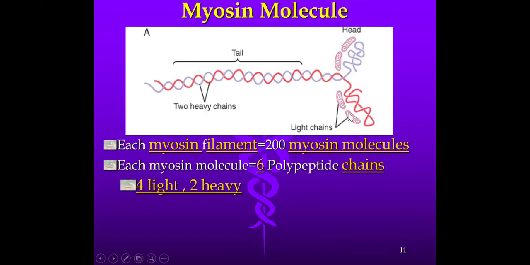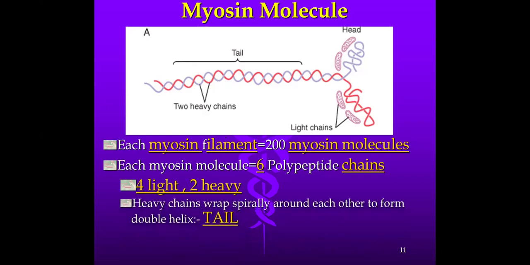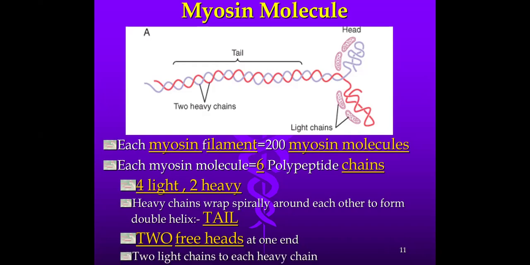We can see here these two and these two make four light chains, and the red and blue are the two heavy chains, so they make the six polypeptide chains. Heavy chains wrap spirally around each other in a double helix, which makes the tail of the myosin molecule, and two pairs at one end have two sides. One is for the ATPase, the other is for the actin. Two light chains to each heavy chain.